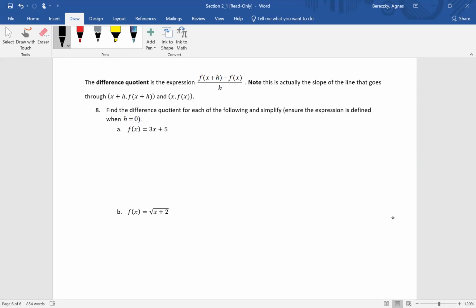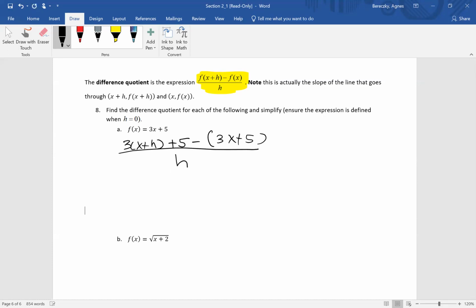We're looking for the difference quotient. So we're going to plug in x plus h first: 3 times x plus h plus 5 minus 3x plus 5, I'm sorry, all over h. And then, of course, we're simplifying this expression.